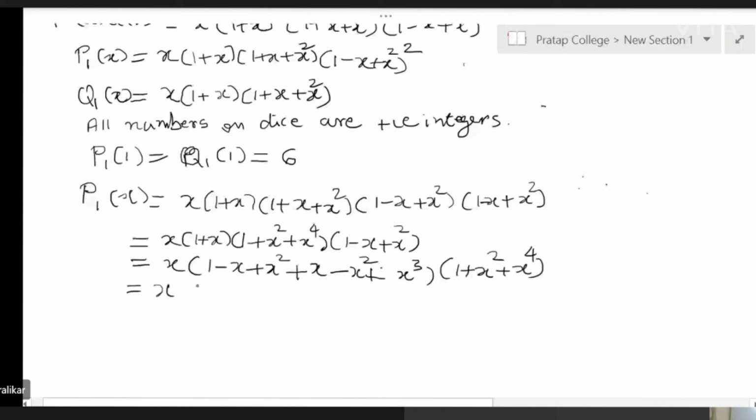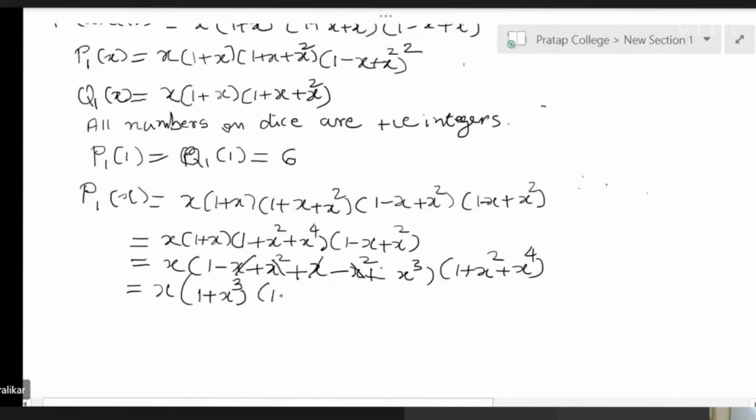So there is cancellation. X and x cancel, x square and x square cancel. Of course I knew this. I'm just coming back to 1 plus x cube. Silly me, I didn't remember that these two factors multiply into 1 plus x cube. It doesn't matter, just one more minute is wasted.